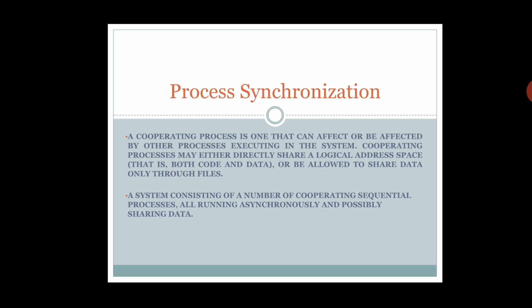A system consists of a number of cooperating sequential processes, all running asynchronously and possibly sharing data. Whenever we think about a system, there will be a chance of transferring data from one process to another process.